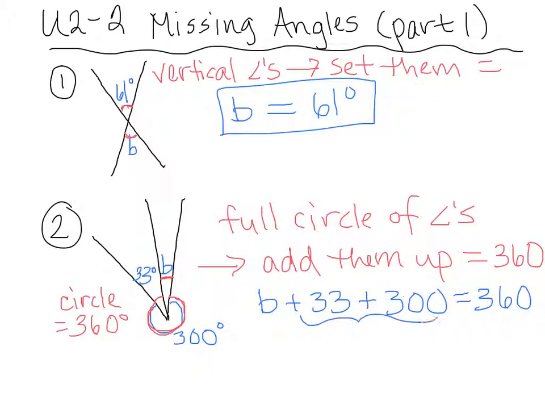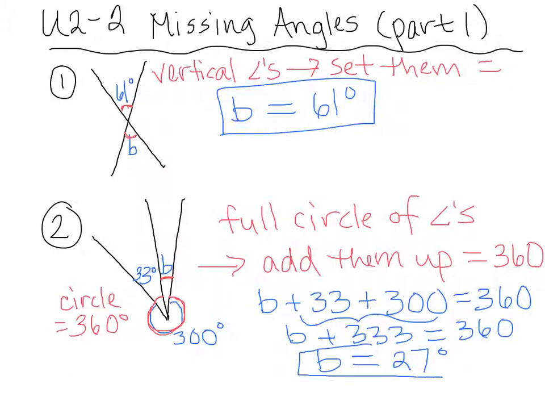So if we combine our like terms, we've got a total of 333 degrees already represented in that circle. And when you subtract that from both sides, we solve for angle B. What's 360 minus 333? Well, that's 27 degrees.